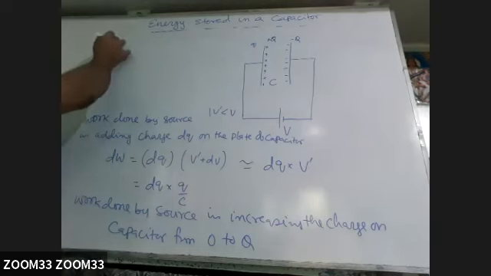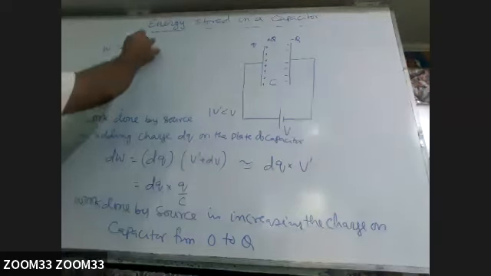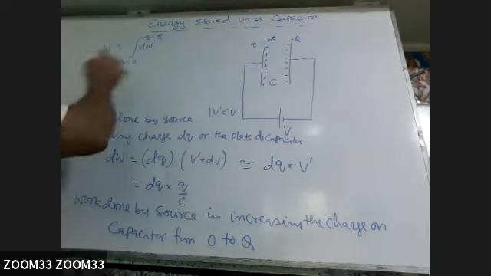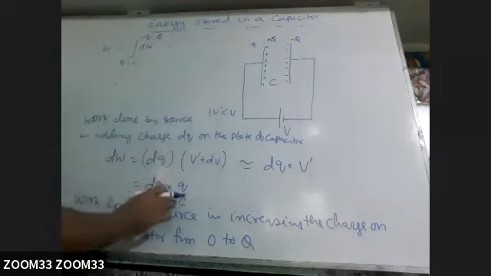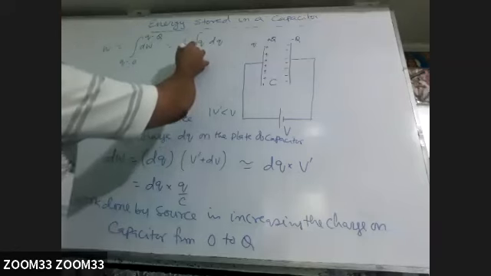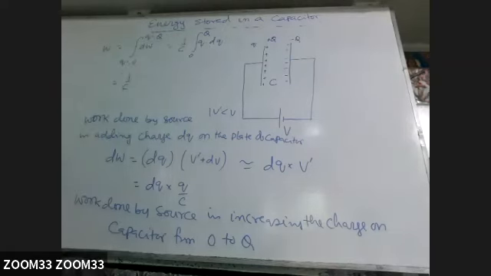This work done will be the integration of dW from Q equal to 0 to Q equal to Q. In place of dW, with C outside, it is 1 by C times the integration of Q dQ from 0 to Q. So what is that integration?